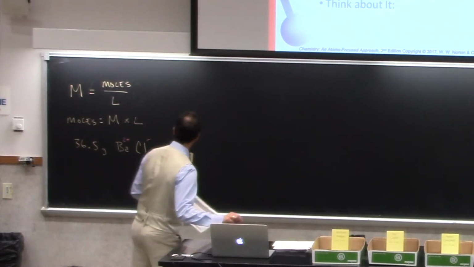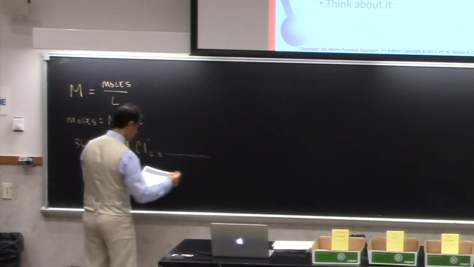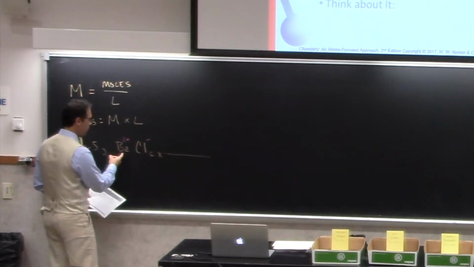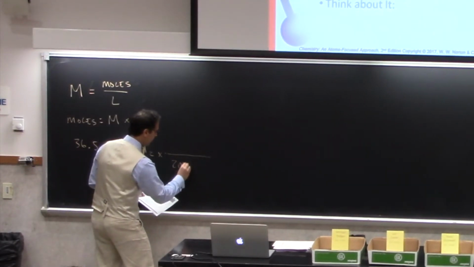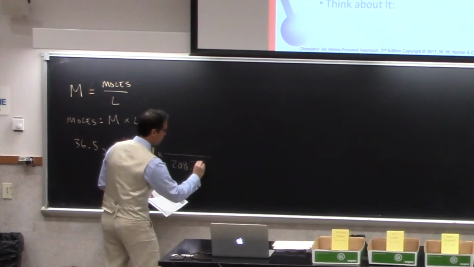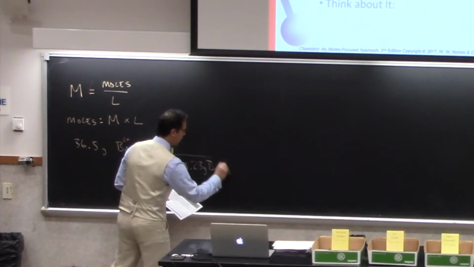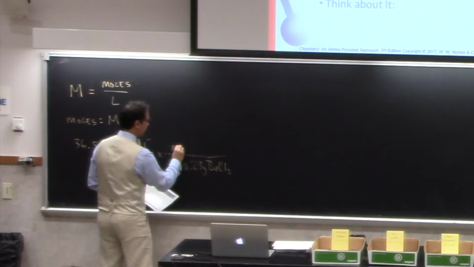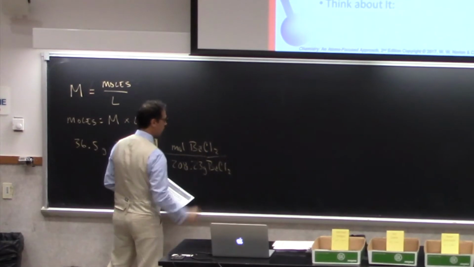So if I take these grams here and I convert it to moles, so I take barium and 2 chlorines, add that together, 208.23 grams of barium chloride per mole of barium chloride.